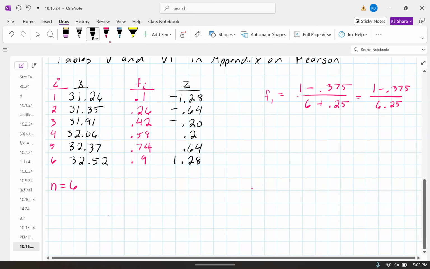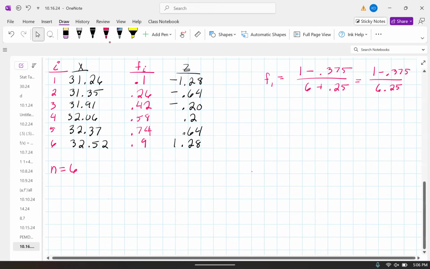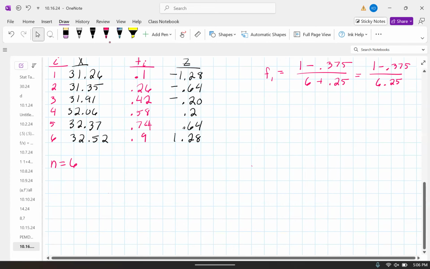Those are the numbers we all agreed on from the previous step. I just translated them over now. So if this is normal, this is what we'd expect our z-scores to be. So nice and even. All right, now I have to plot this, and I don't have a nice way to do that.